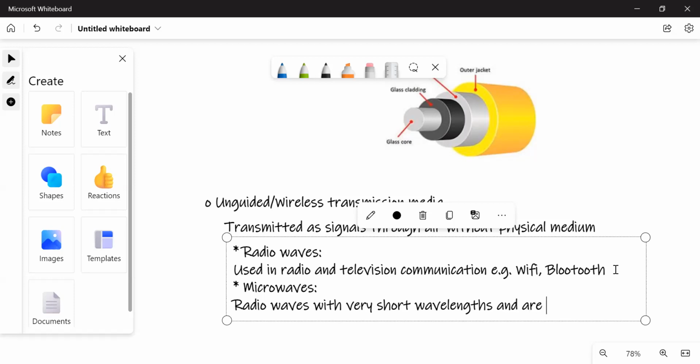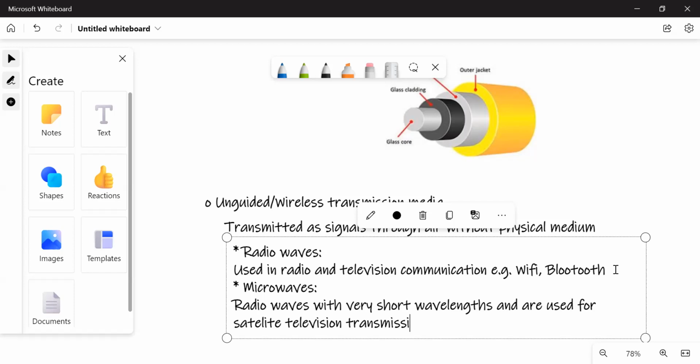They are used for satellite television transmission and transmission of telephone signals.